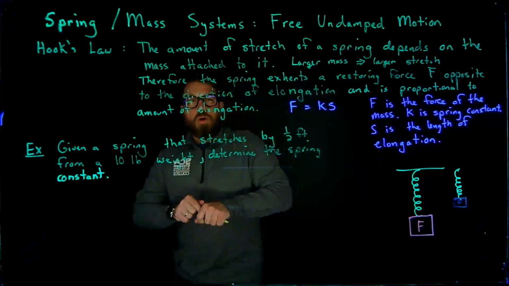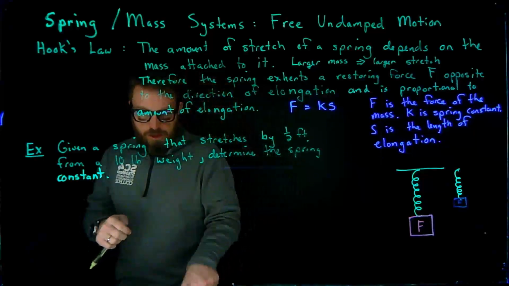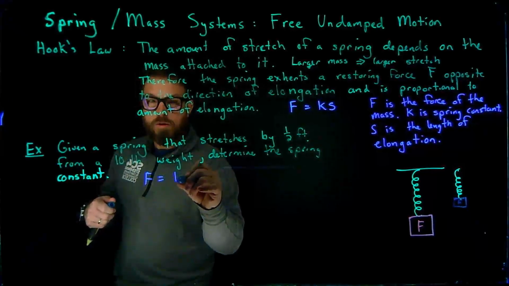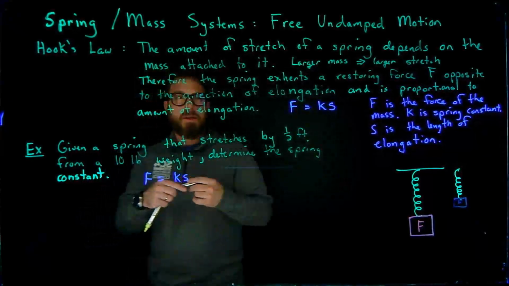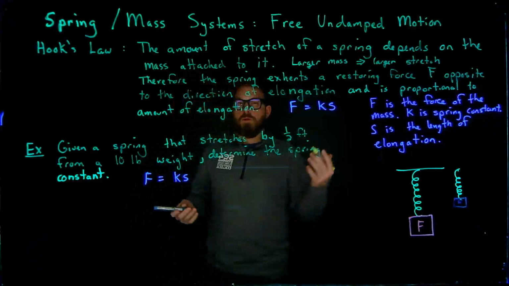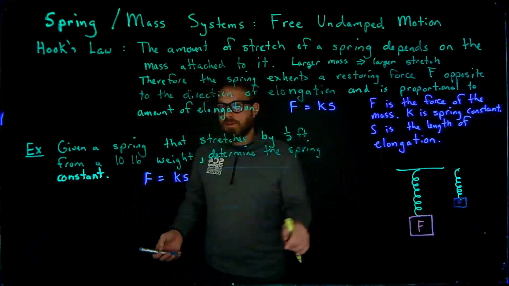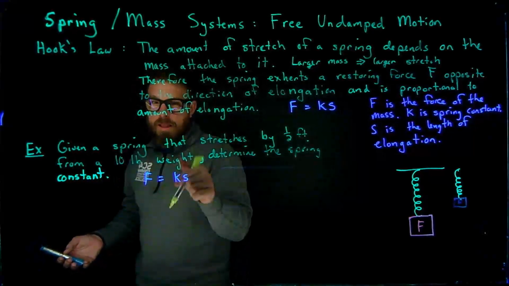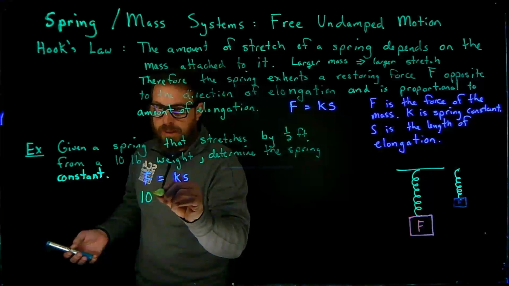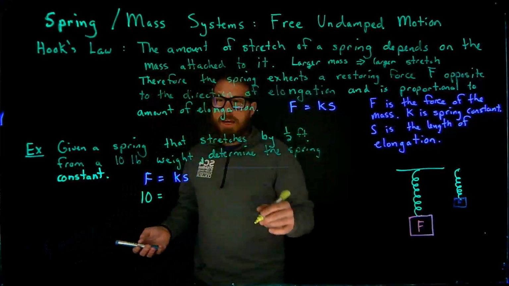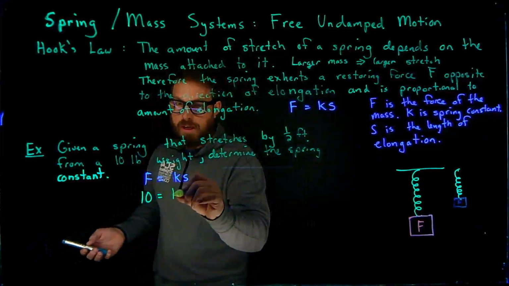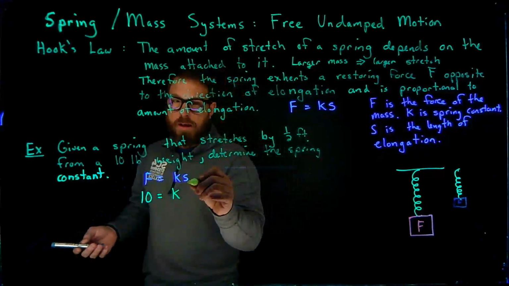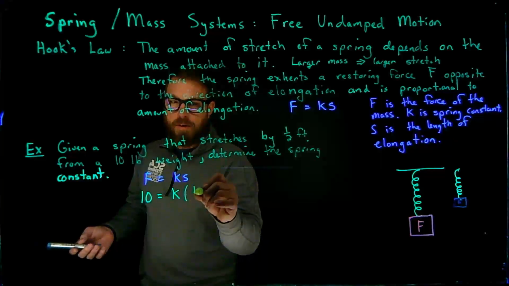Okay, so what I know is we have this equation, F is equal to K times S. Now, the spring pulls equal and opposite to the force of this weight, so that means this 10 is going to be equal to K, which we're not actually sure of because K is our spring constant, and then we know that S is our elongation, so this is going to be times half of a foot.